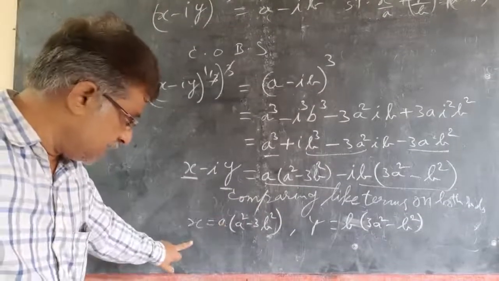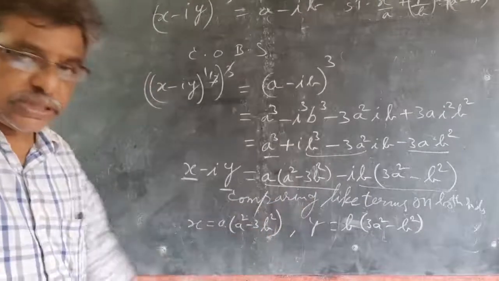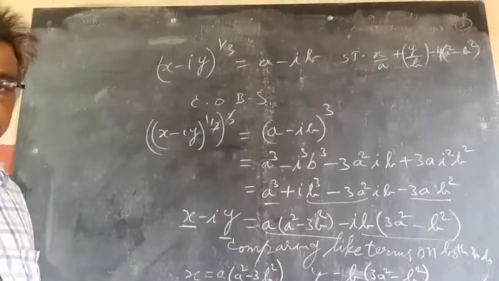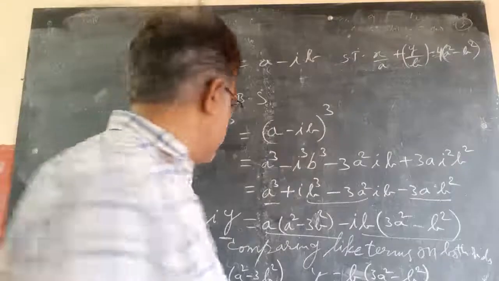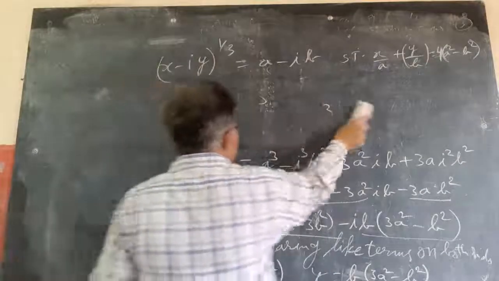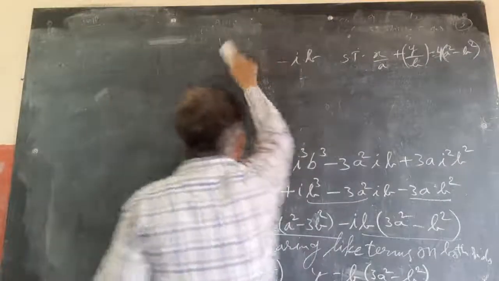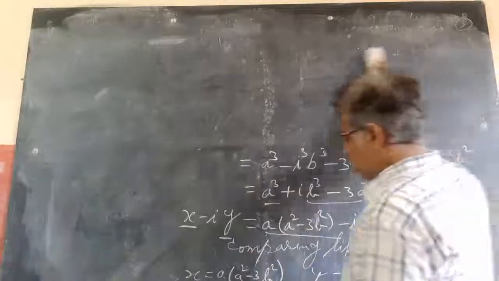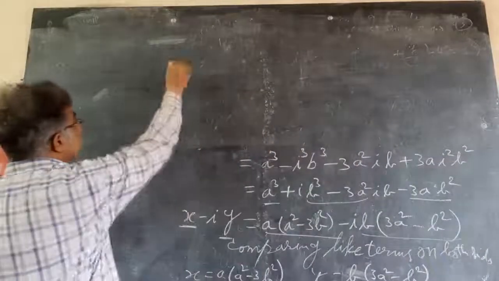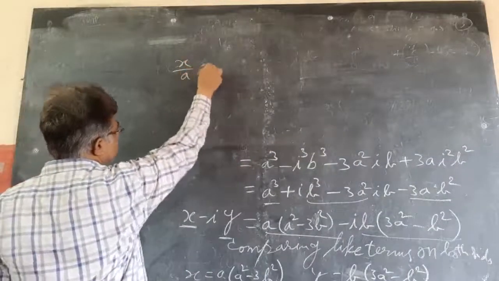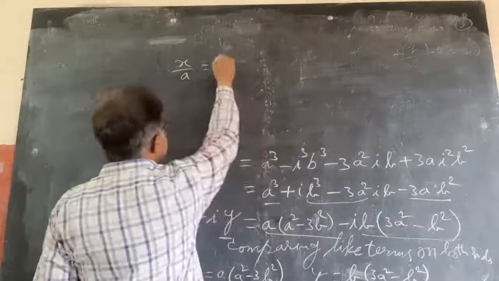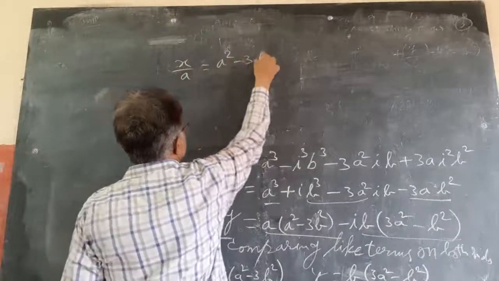Now bring this a to this side and b to this side. It becomes x/a and y/b. So x/a equals, bringing this to this side, a² - 3b².